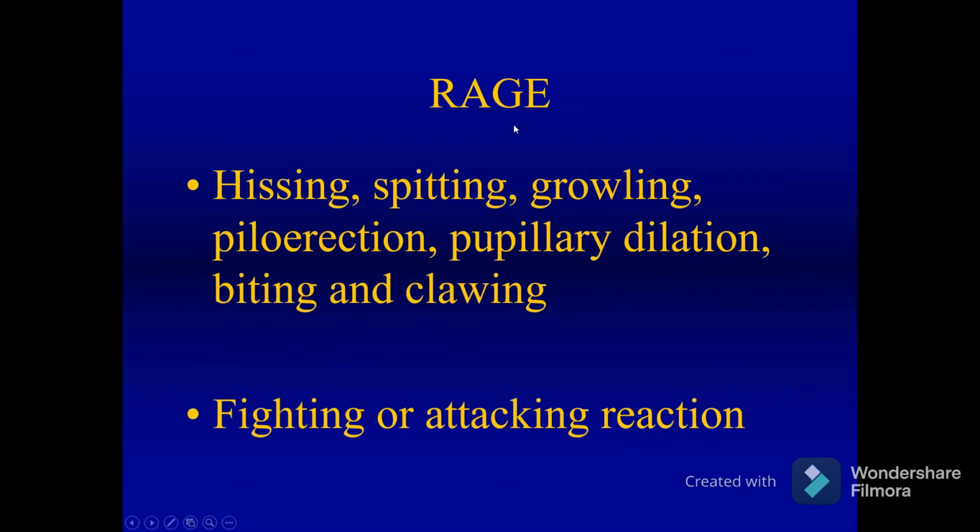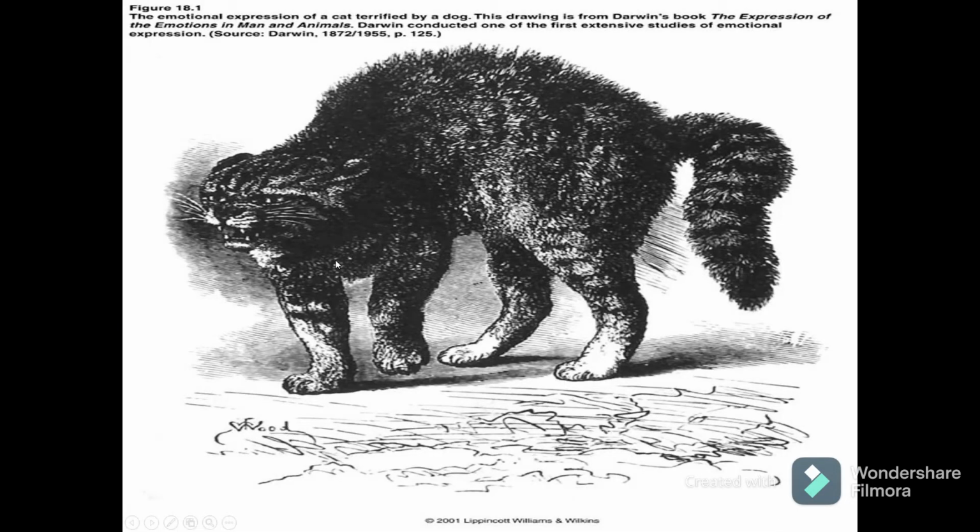You'll find the rage, roadside rage is a very common thing daily. So what will happen in the rage? One person will beat another person over a minor issue. So rage is a fighting or attacking action. So this is also an example of the rage.